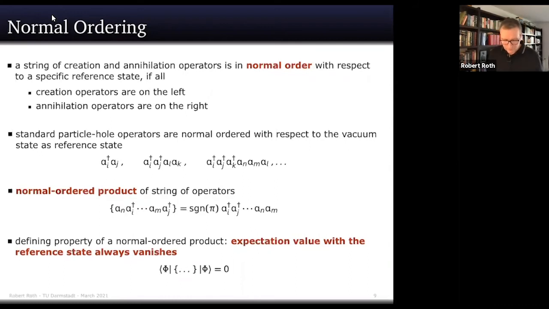Therefore, you define something called the normal ordered product. It's just a formal symbol, these curly brackets. If you have any string of creation and annihilation operators in curly brackets, then this tells you that before you go on, you have to sort these operators, bring them into normal order, put the creation operators to the left, and then the annihilation operators to the right.